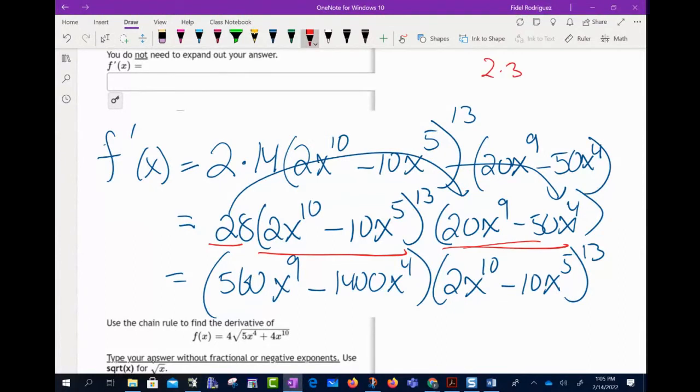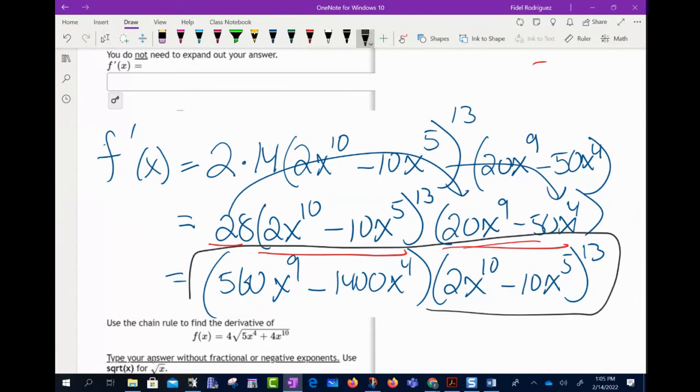It's like if you had 2 times 3 times 5, you would say, oh, 2 times 5 is 10, times 3 is 30, or you could say 2 times 3 is 6, times 5. You see what I mean? But yeah, you don't got to multiply by anything. So John, when you don't need to expand your answer, they're referring to that 2x to the 10th minus 10x to the 5 to the 13th. You don't need to worry about messing with all that stuff.